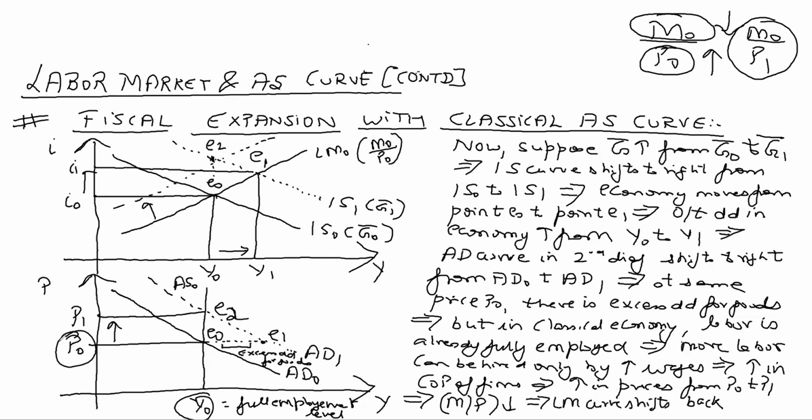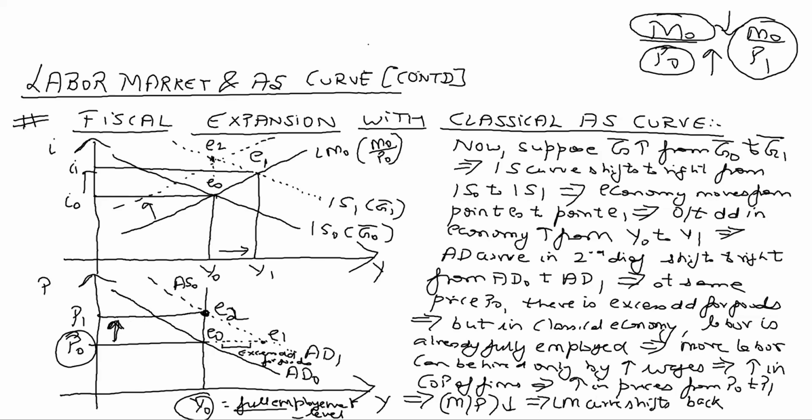To meet that excess demand, firms need to hire more labor. But we are in the classical economy, and labor is already fully employed. More labor can be hired only by bidding up the wages. When wages go up, the cost of production of the firms goes up. When COP goes up, firms will increase the prices. So prices will start rising till the economy reaches the full employment level of output.